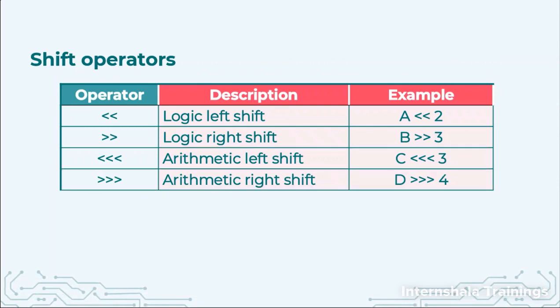So when we say A shifted left by 2, that means all the values inside the register A will be shifted by 2 bits on the left side. When I say B right shift by 3, that means all the values in the register B will shift by 3 bits, and similarly for the arithmetic shift.